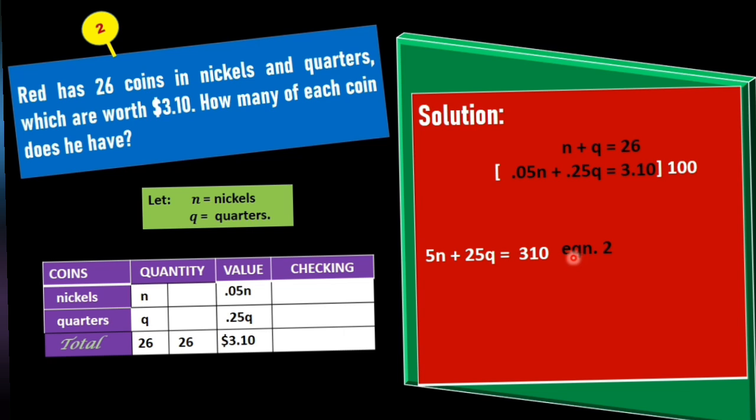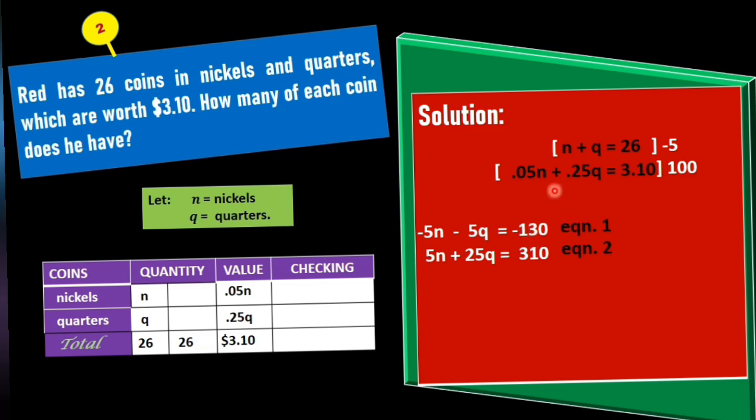And to eliminate one variable here, multiply this equation by -5. So distribute, multiply. So this becomes negative 5n minus 5q equals negative 130. So this is the final equation of number 1.